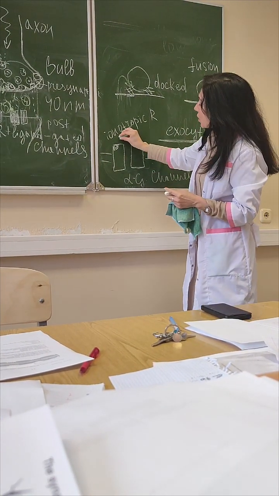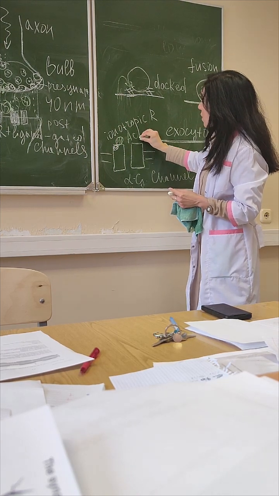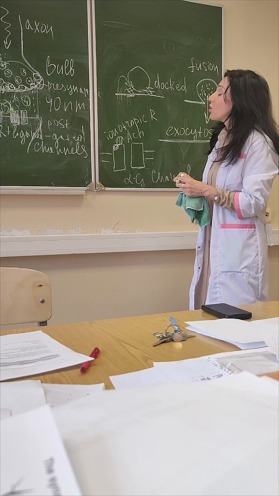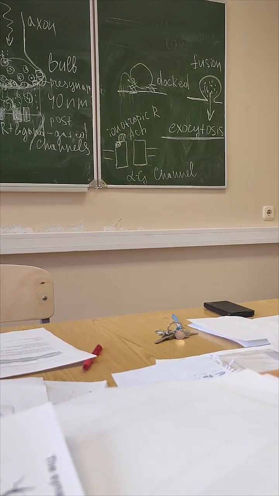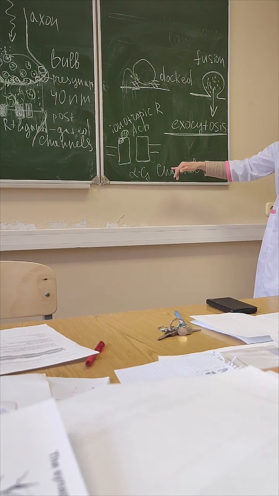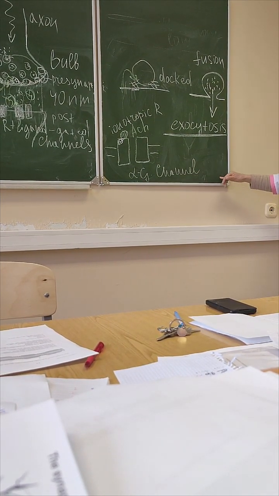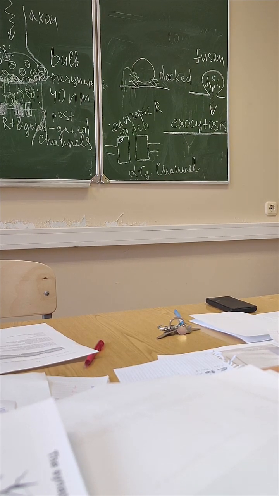When a neurotransmitter binds to receptors, for example acetylcholine binds to nicotinic cholinergic receptors, it immediately opens the ligand-gated channel, and the channel passes ions.